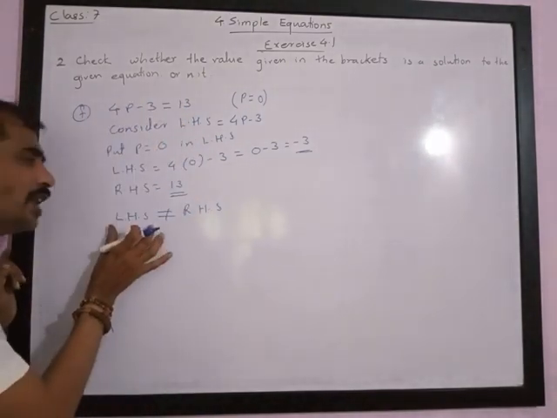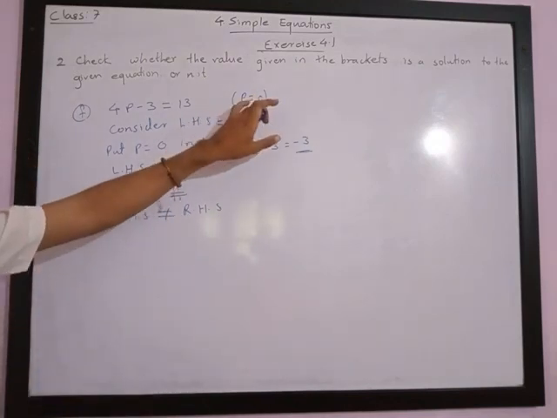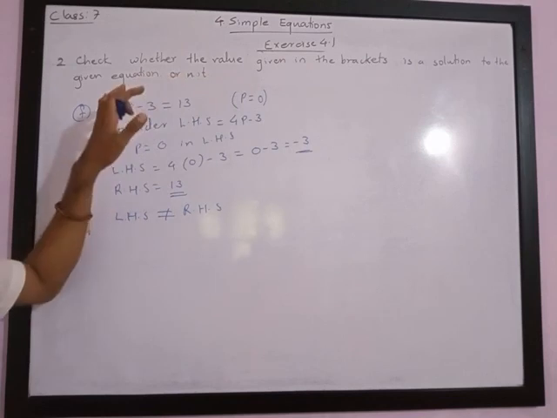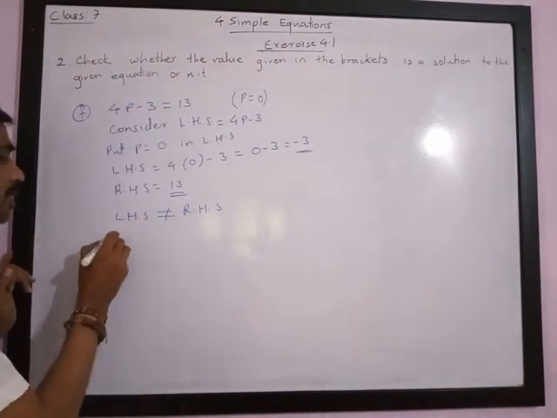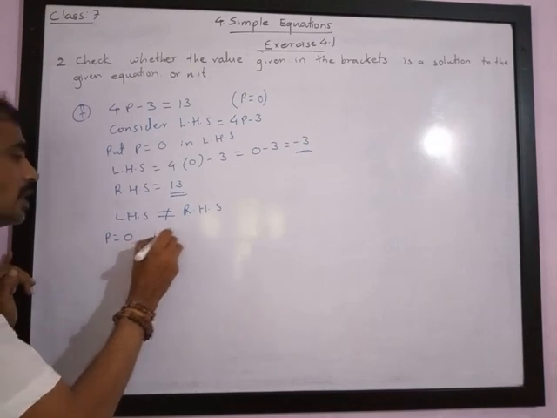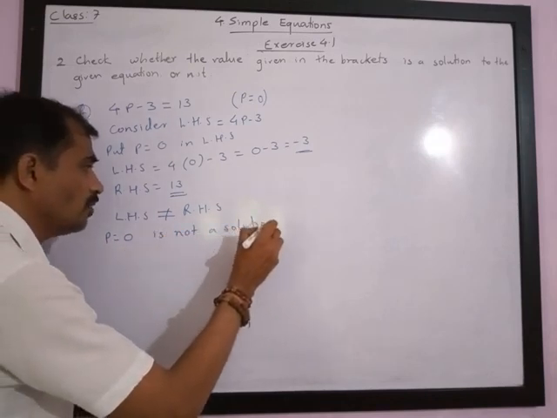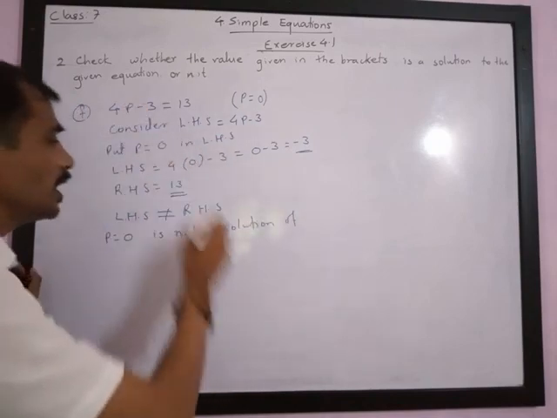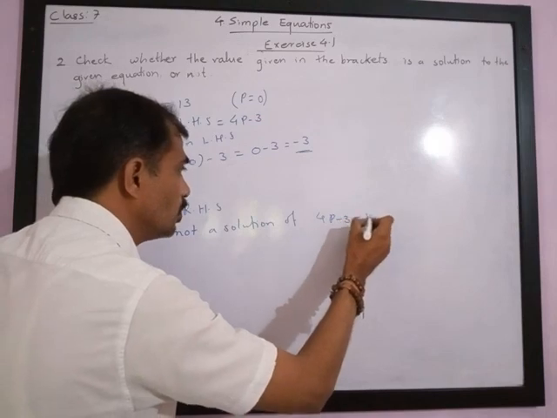So if left hand side is not equal to right hand side, we say that the value p is equal to 0 given in the bracket is not the solution of the given equation. So we write it like this: p is equal to 0 is not a solution of the given equation, that is of 4p minus 3 is equal to 13.